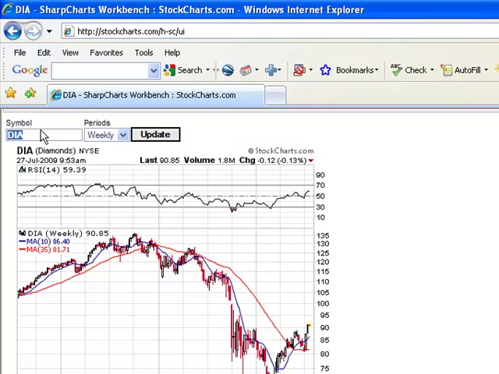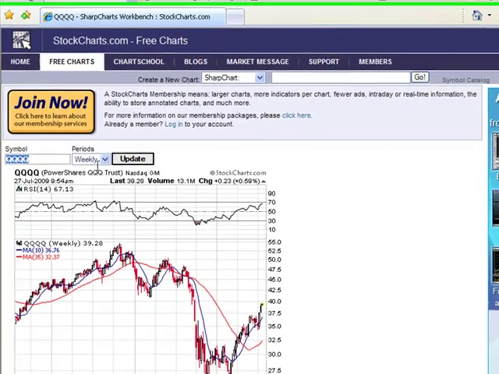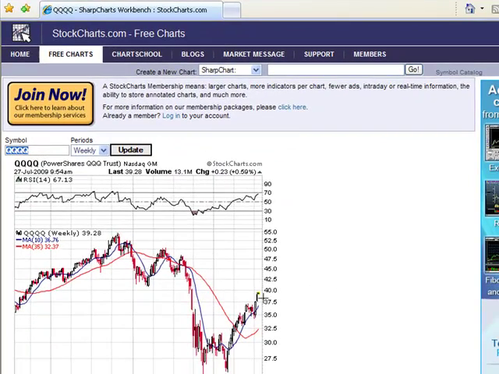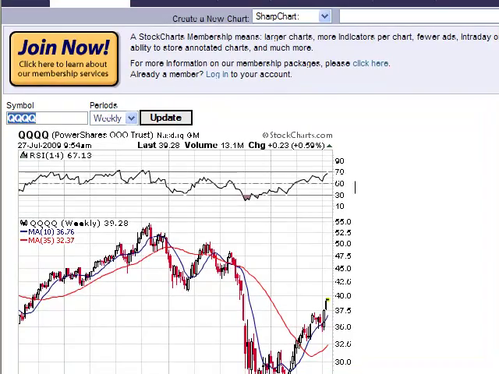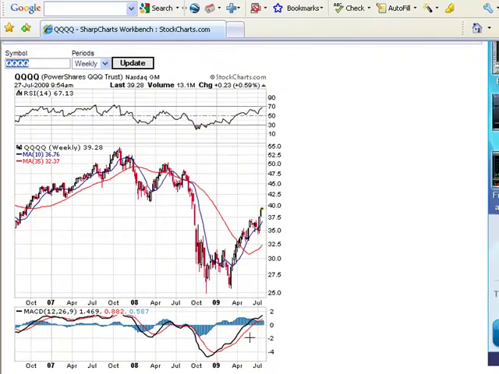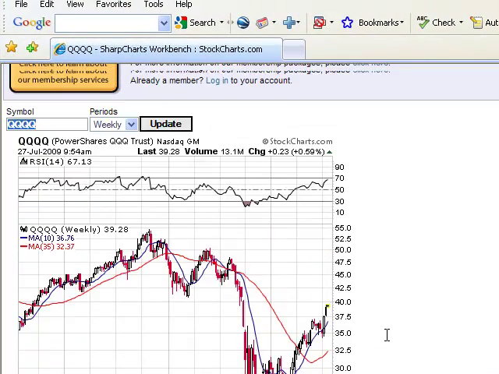And let's do it one more time for the NASDAQ, or the QQQQ. And there you go. NASDAQ is clearly the strongest. Look at above 70 there. Look at where the MACD is. Look at this, and there you have it.